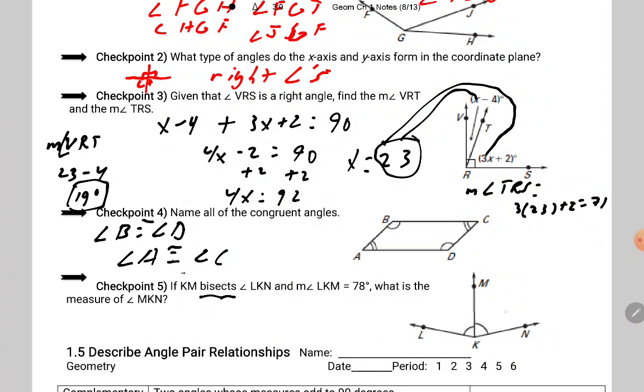So they tell you that LKM is 78 degrees. So since it's bisected, that means MKN or NKM is also 78 degrees. Oh, that's our answer. What is the measure of MKN?